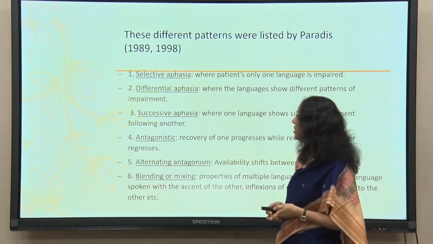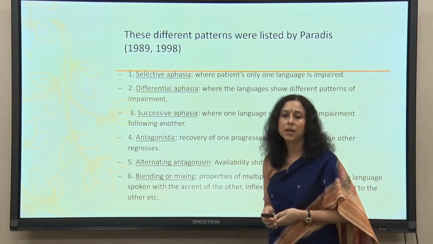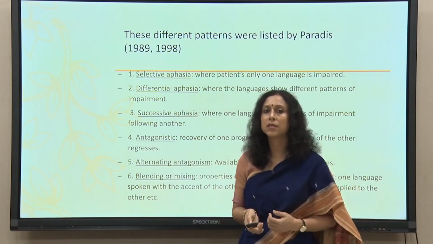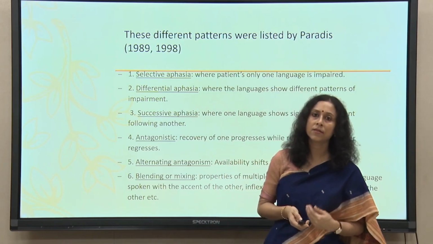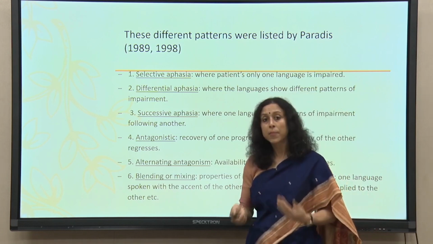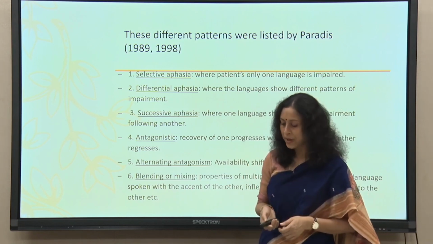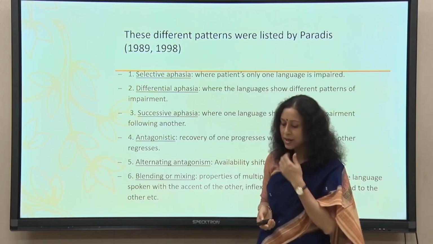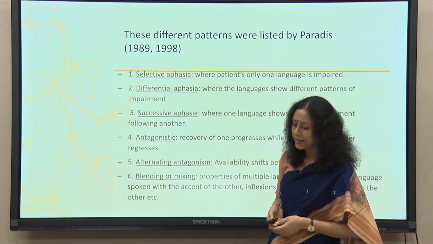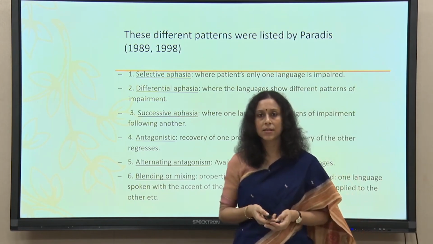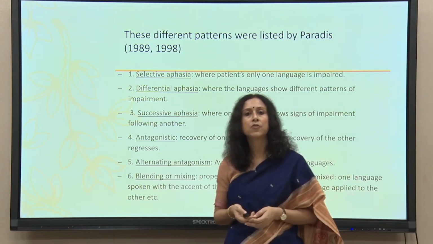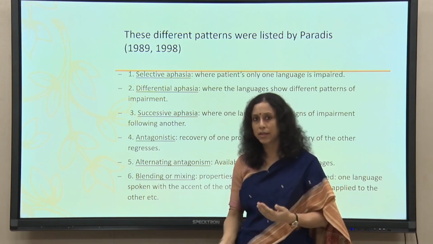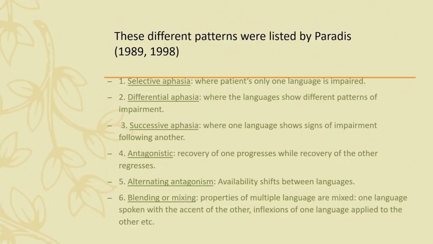Then we have differential aphasia, where the bilingual's two languages show different patterns of impairment. So, in one language maybe it is comprehension, in another it can be production or repetition and so on. There is a differential status of the two languages in terms of how they get affected. Then we have successive aphasia, the third type, where one language shows signs of impairment following another. So, one language gets affected first, then the other language.